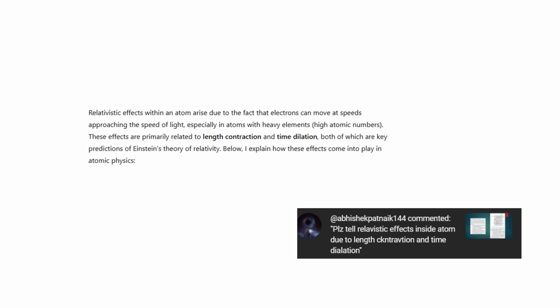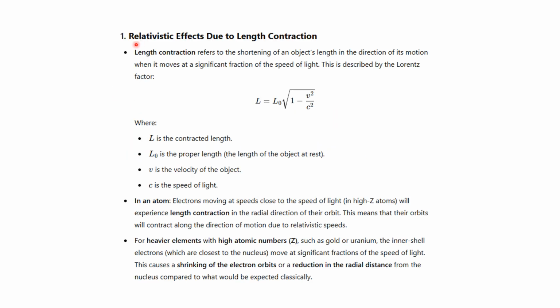So the first point is relativistic effects due to length contraction. Length contraction क्या होता है? It refers to the shortening of an object's length in the direction of its motion when it moves at a significant fraction of the speed of light. ठीक है? बहुत high speed पे move कर रहा है, approach कर रहा है c को, the length of the object is going to shorten.